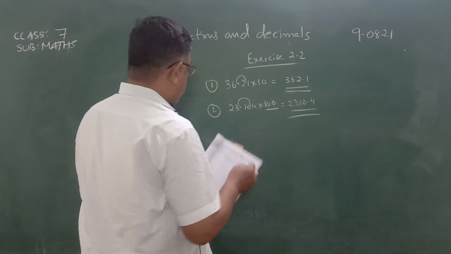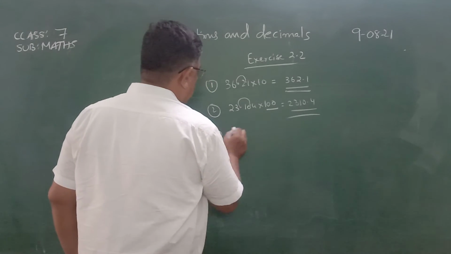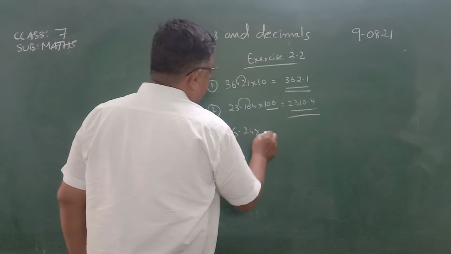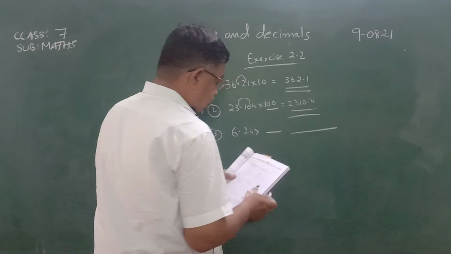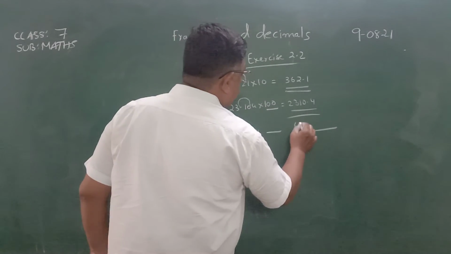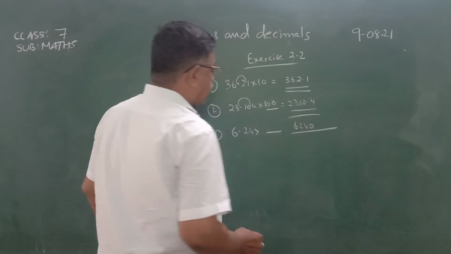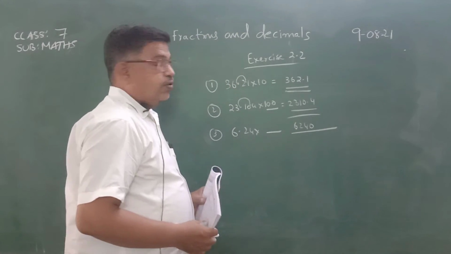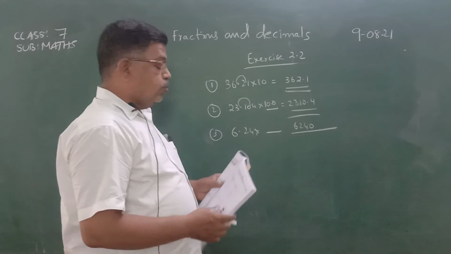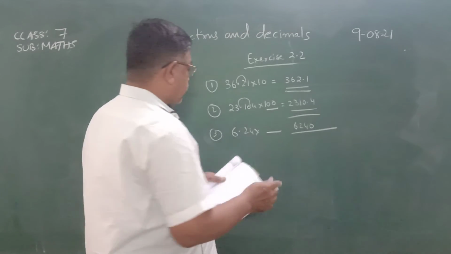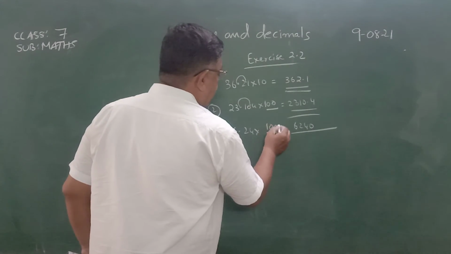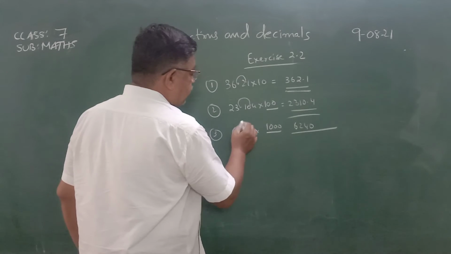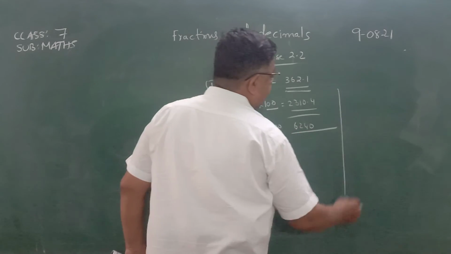Next, 6.24 into dash is given to be 6240. By what number do you have to multiply 6.24 so that the point moves 3 places? So it should be multiplied by 1000. If you multiply with 100, the point moves 2 places. You can check that in the rough column.